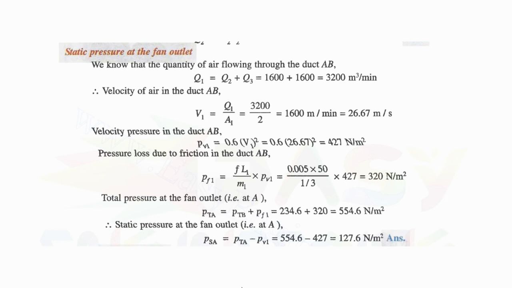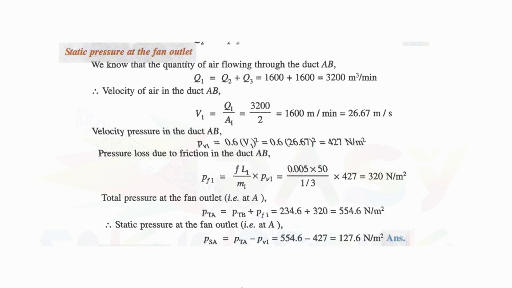After putting in the values, we get 320 Newton per meter square. Then the total pressure at the fan outlet is the total pressure at B plus the pressure loss in the first section. Adding both values, we get the total pressure, which is 554.6 Newton per meter square.